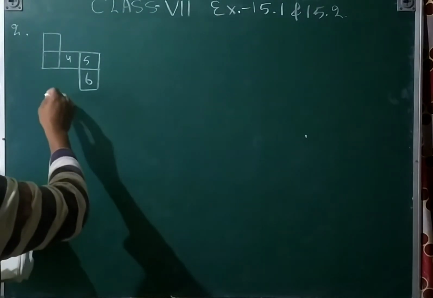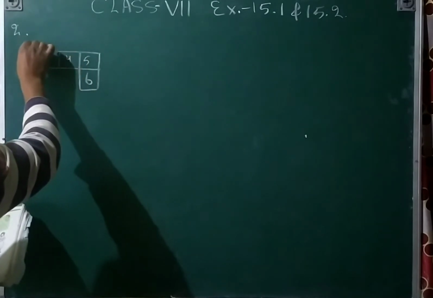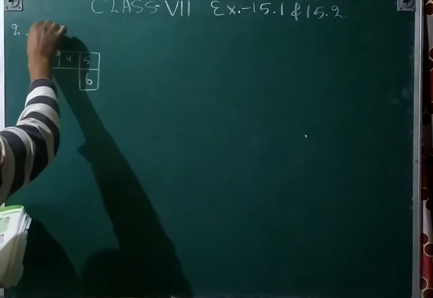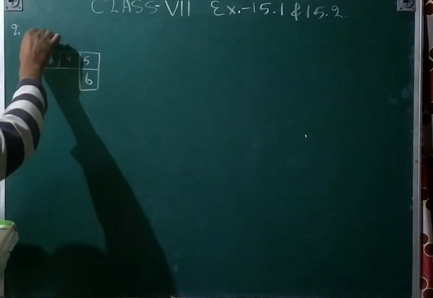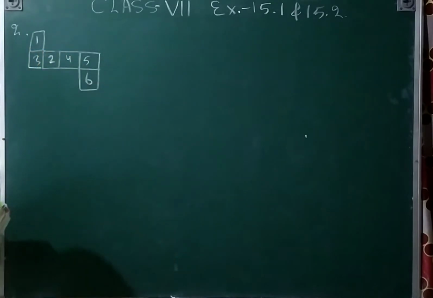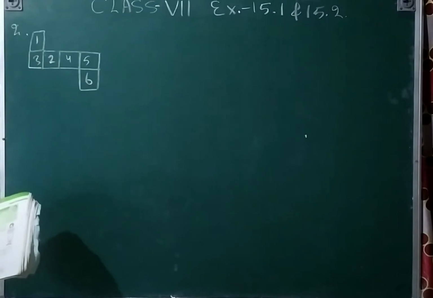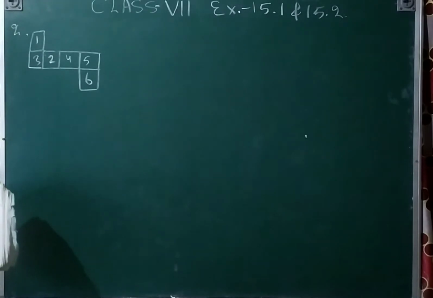Just wait, one box is left here. 4 5 6 is given here. So the face opposite 1 will be 3, or this will be 2. This will become 2, because when you cut the paper and fold it, you will see this.